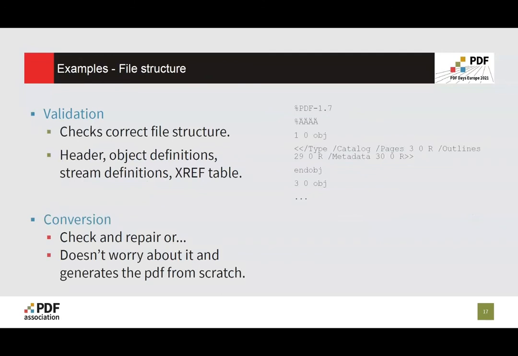File structure. This is another case where validation is doing the hard work, because the PDF/A specification requires very strict formatting for header, object, and stream definitions, exact sequences of white spaces, end of line, and special characters, etc. Additionally, the nature of a PDF document requires exact positioning of the objects with respect to the cross-reference table.